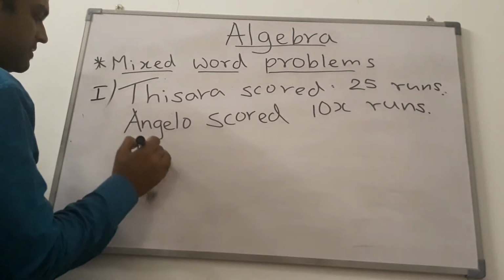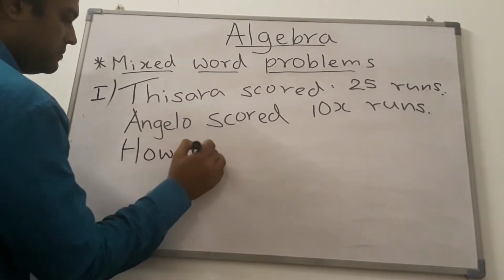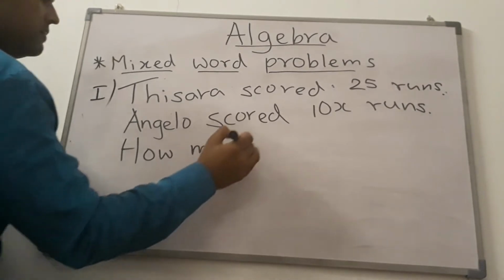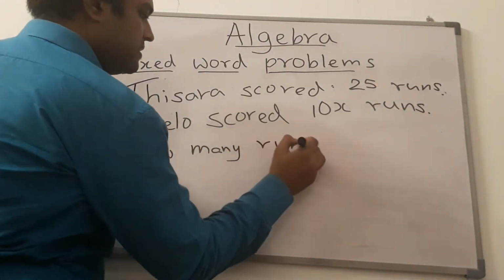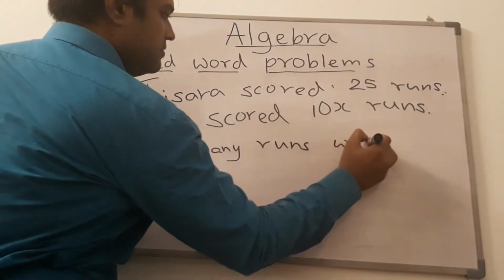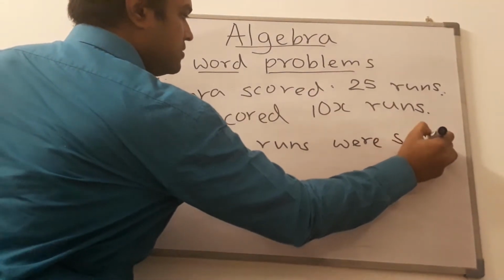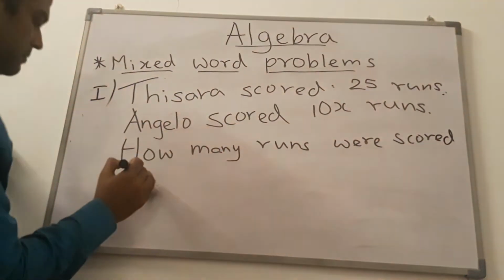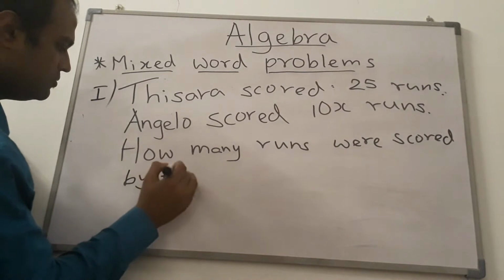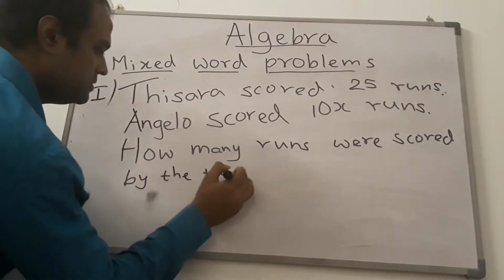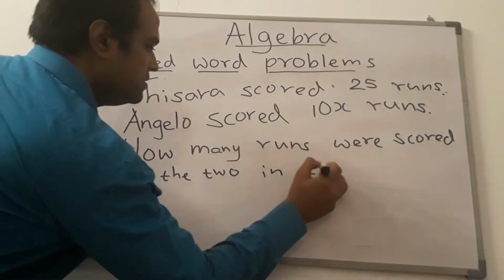How many runs were scored by the two in total?